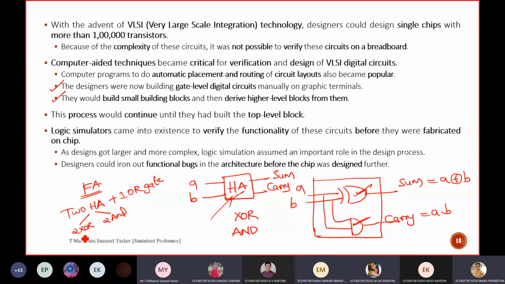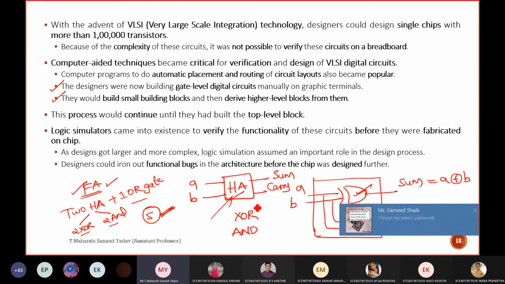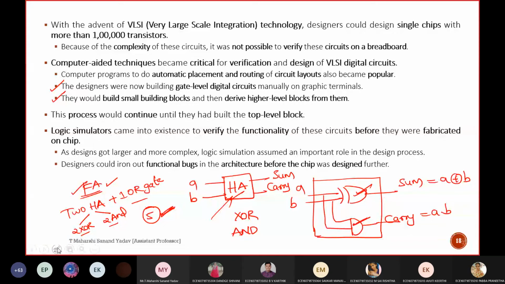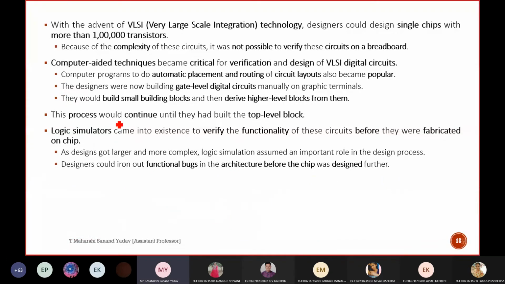So 2, 3, 4 and 5: a total of 5 gates are clubbed together to get a full adder. These are small building blocks, which I connect properly to get this higher level block, the full adder. Similarly, this process continues until they have built a top level block. Depending upon the application, you need to make use of small level blocks.